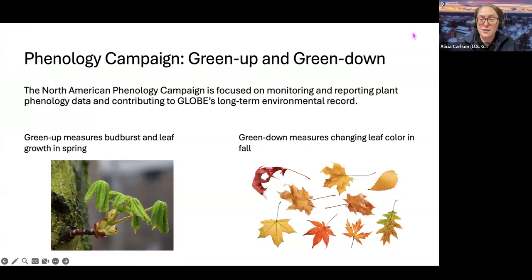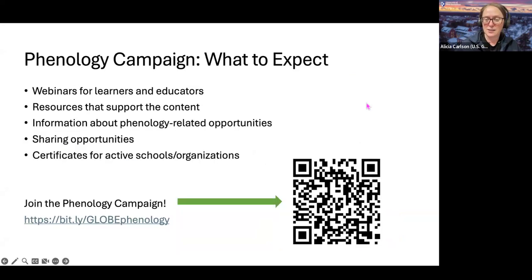And we're doing this to collect as much data as we can to focus on monitoring and reporting the phenology data to contribute to GLOBE's long-term environmental record. Green up measures bud bursts and leaf growth, and green down measures the changing colors in the fall. And it's just a really fun way to get out and observe our trees.